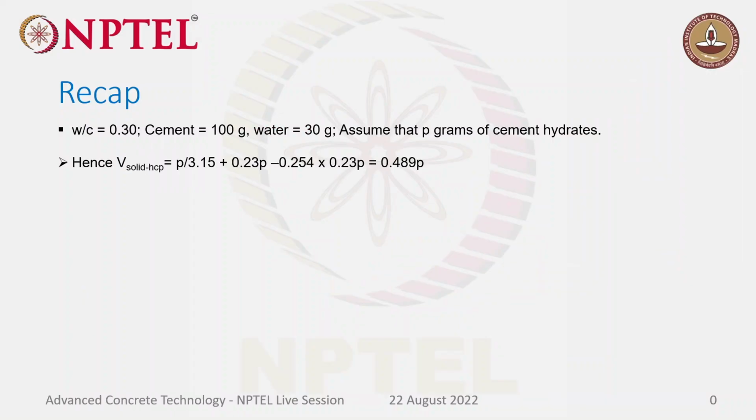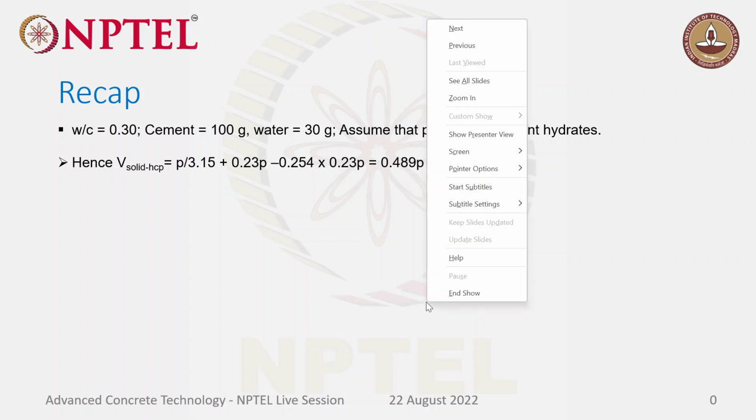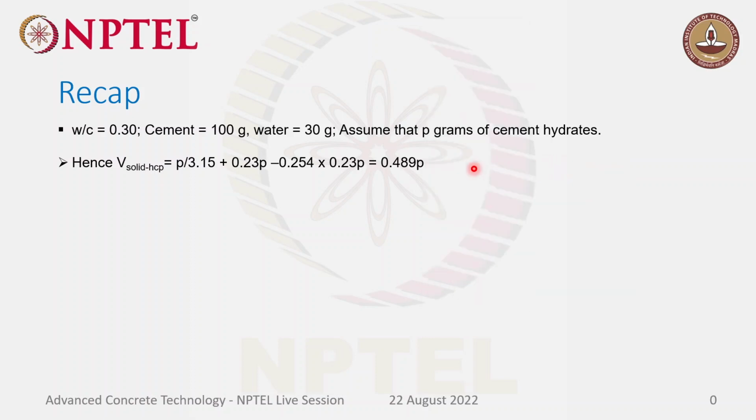So how to calculate the solid hydration product? We assume that only p grams of cement hydrate. Because if 100 grams of cement is there, about 23 grams of water alone is needed for the bound water content, which will be chemically bound to the hydration products.